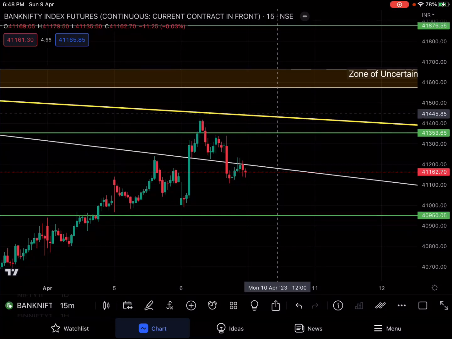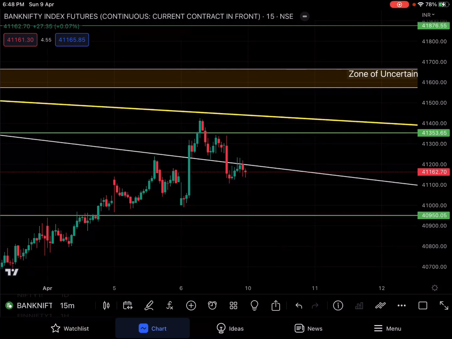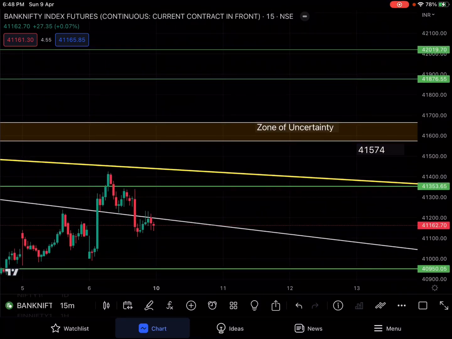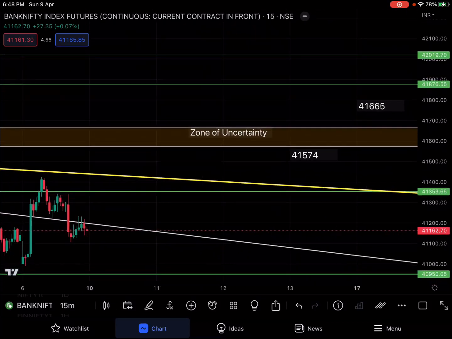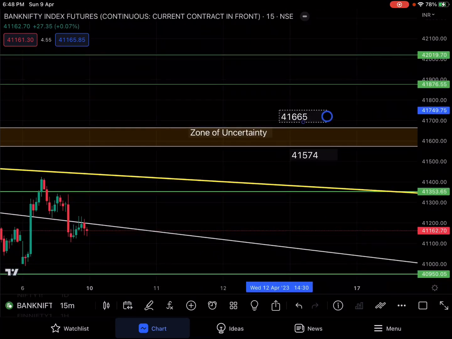If we have a closing above 41,450, or we open above 41,450, I would buy a call only till 41,550, 100 points, and I would exit, because I see that there's a zone of uncertainty at 41,665.